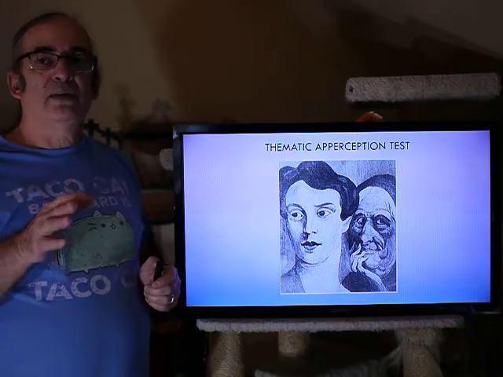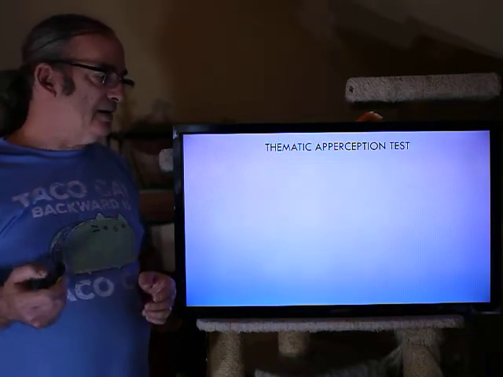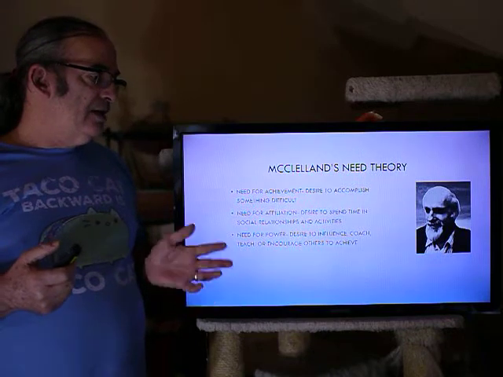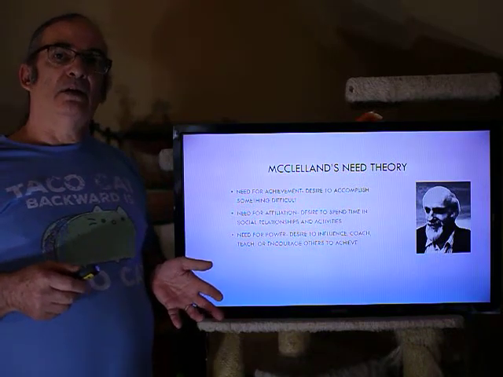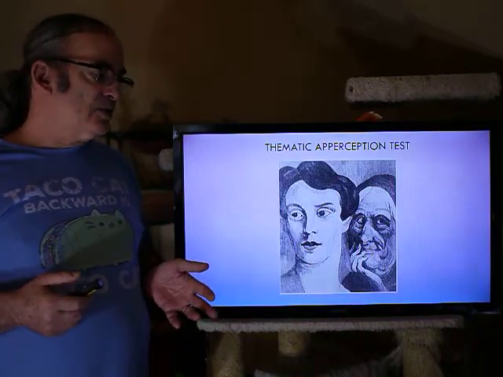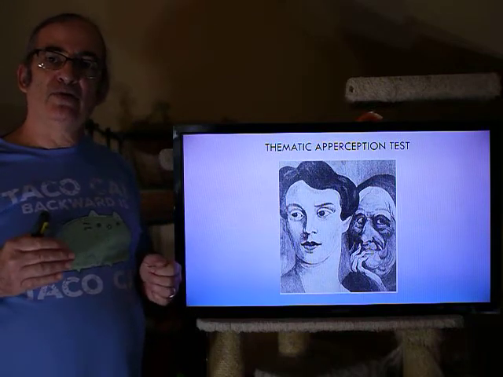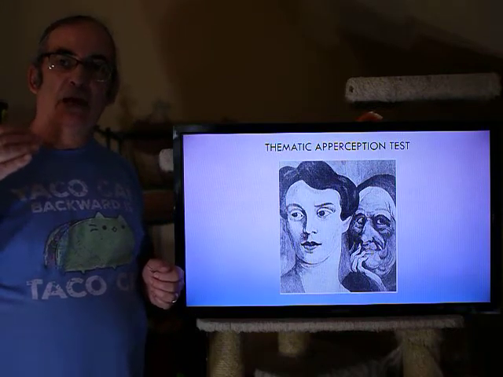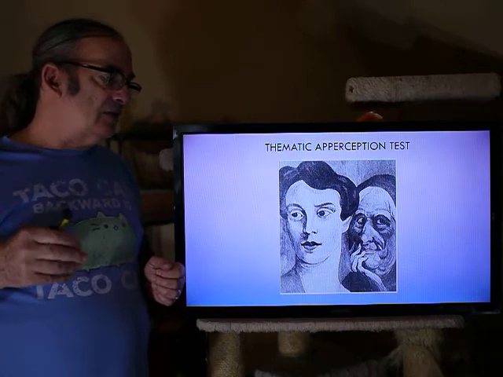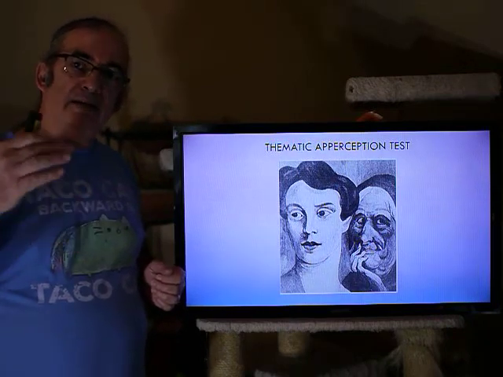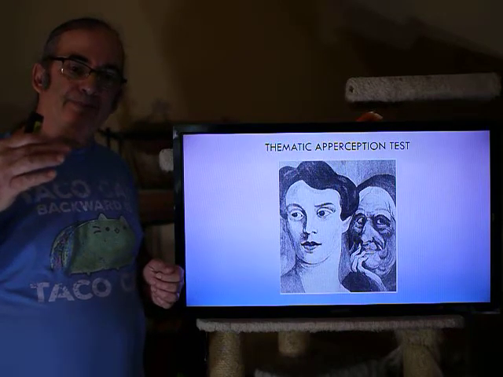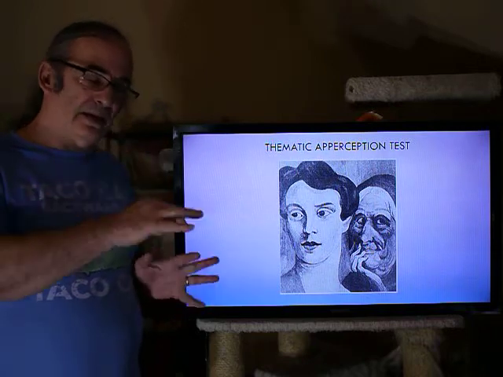Now the way this works is we go back to achievement, affiliation, and power. My statements about what I'm observing are coded to represent a conversation about power, affiliation, or achievement.